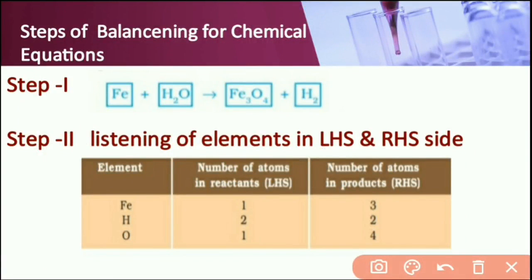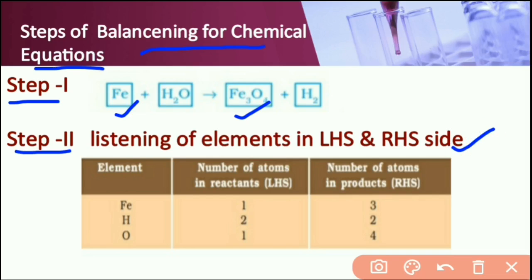How can we understand the balancing of a chemical equation? We can understand by the steps of balancing a chemical equation. Step 1: draw a box around each formula of both the reactant and product sides. Inside the box we cannot change anything, we can change only outside the box. Then second step, listing of elements on both sides, LHS and RHS.